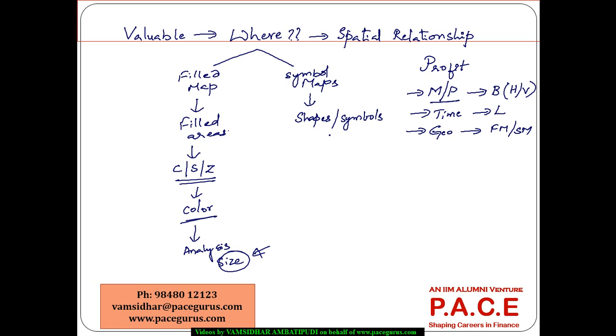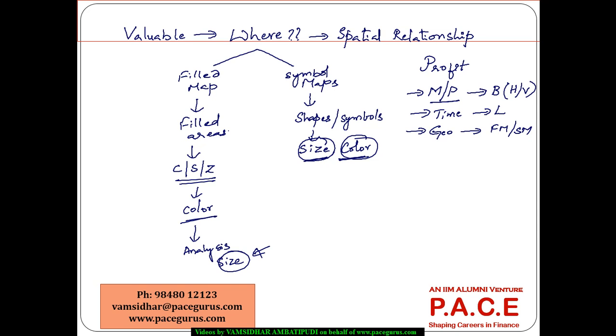At that particular location, we are placing these shapes and symbols, and here we can differentiate: the size of the shape can indicate something, the color of that shape can indicate something. So we can even bring in additional dimensions and measures to differentiate the shapes by size and color.